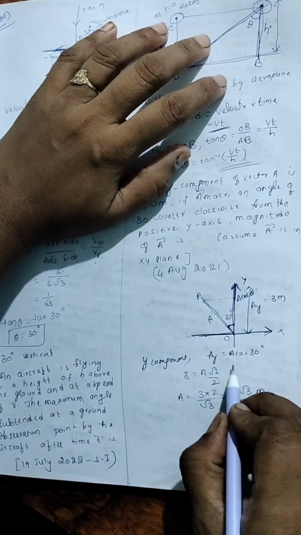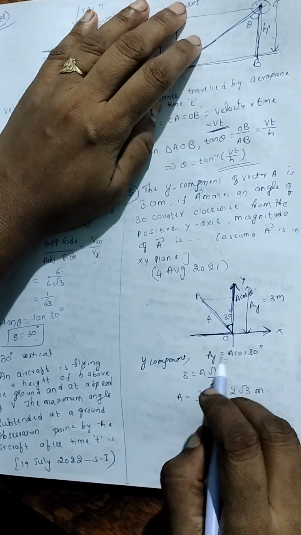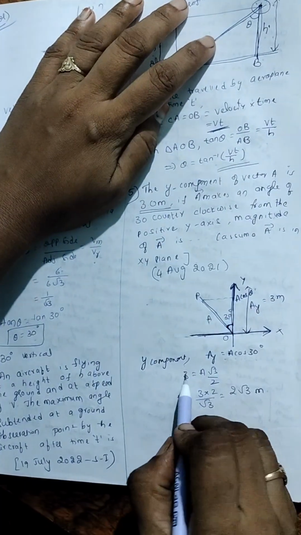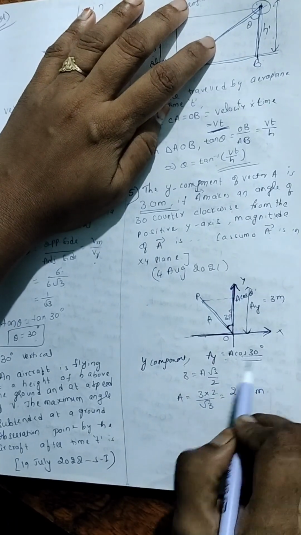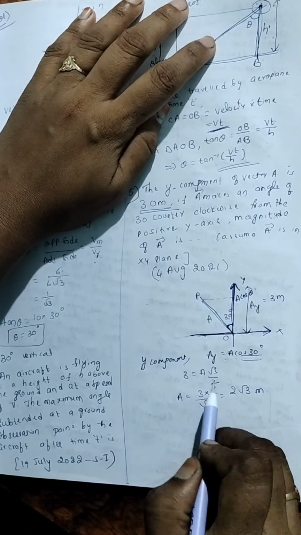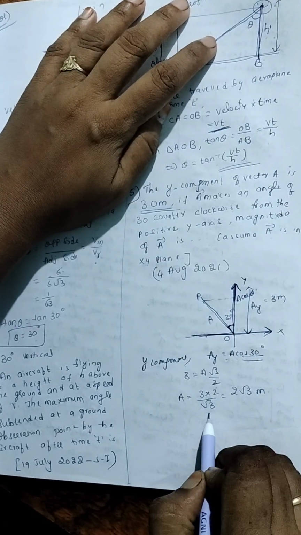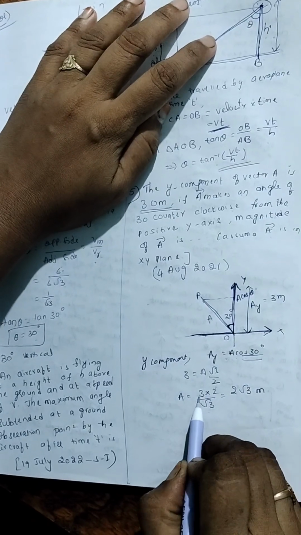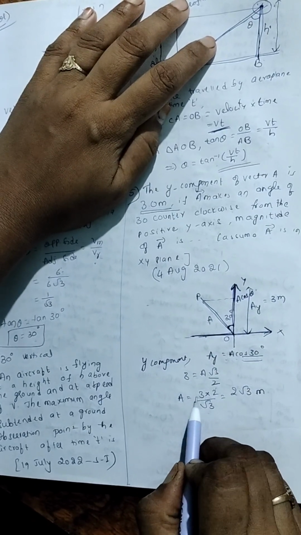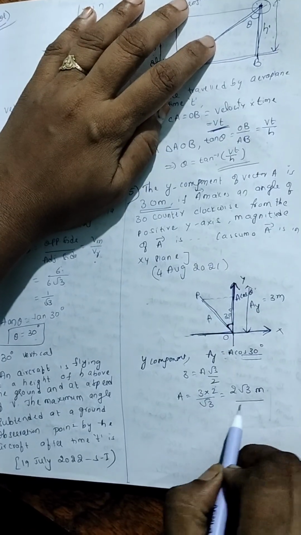So Ay, which he gave as 3, equals A cos 30, whose value is root 3 by 2. From that, A is 6 by root 3, or 3 into 2 by root 3. Root 3 can be written as root 3 into root 3, so we get 2 root 3 meter.